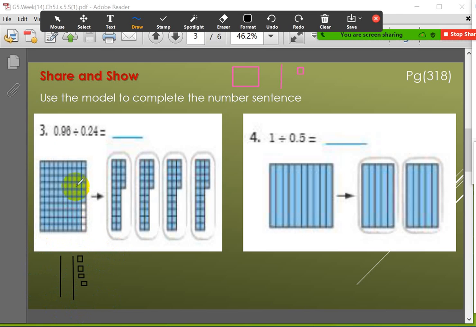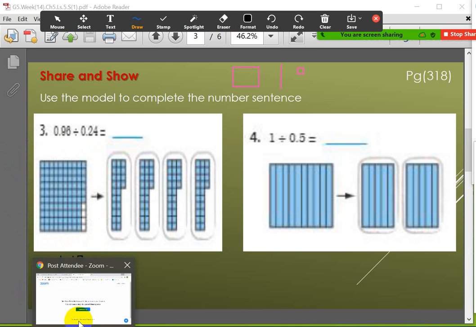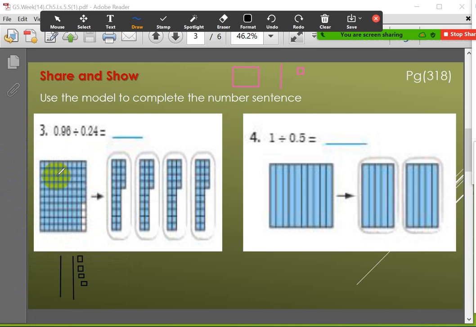Okay. So look, girls, I have to divide the dividend by the divisor. This is the divisor, this is the dividend. The blue one is the dividend, the black one is the divisor. So I have to divide the dividend into groups.